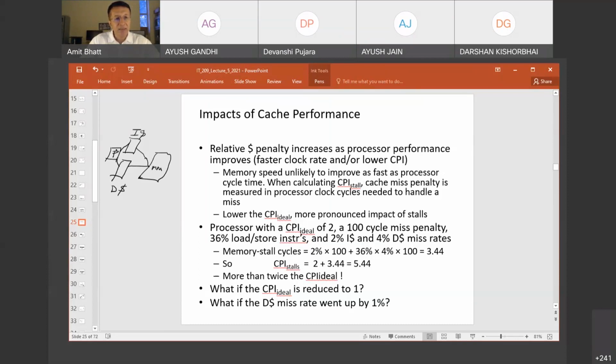So what it is saying is, if some data is found in the instruction cache or data cache, there is no penalty, because this is a part of the processor cycle. It takes one cycle to find an instruction, or one cycle to find the data. If you find it within one cycle, then no penalty.